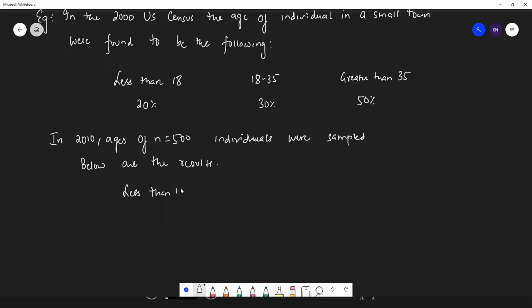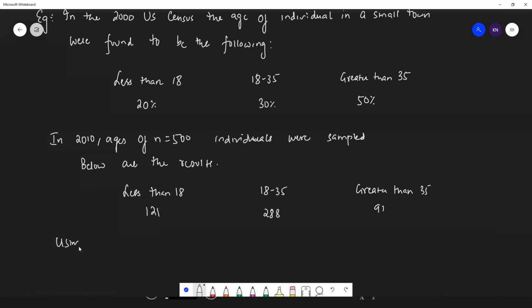Less than 18, 18 to 35, and greater than 35. The values were 121 in less than 18, 288 in 18 to 35, and 91 in greater than 35.